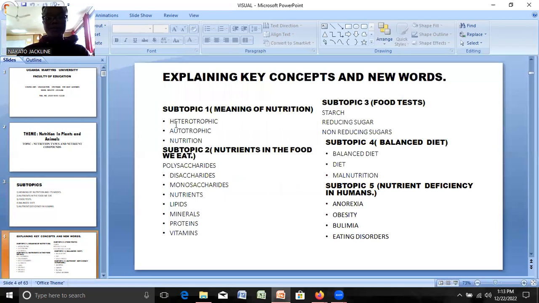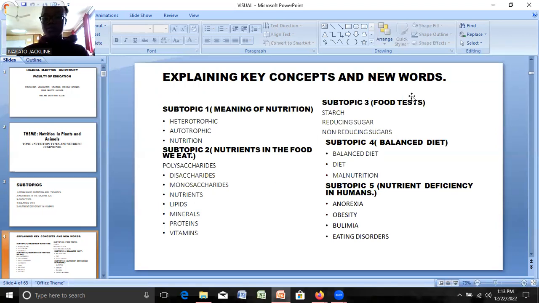And here are some of the keywords in the different subtopics. You have heterotrophic nutrition, autotrophic, nutrition. In subtopic 2, we have polysaccharides, disaccharides, monosaccharides, nutrients, lipids, minerals, proteins, vitamins.